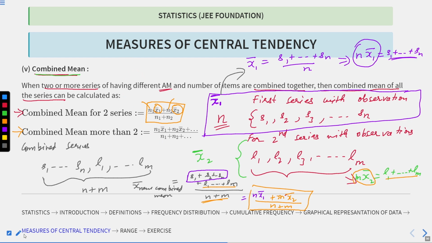For example, given here, this is the number of observations in series 1, this is the mean of the observations in series 1, this is the number of observations in series 2, this is the mean of the observations in series 2, and so on for however many series are given. In the denominator we add the total number of observations n1, n2, n3 until however many series we have to combine.